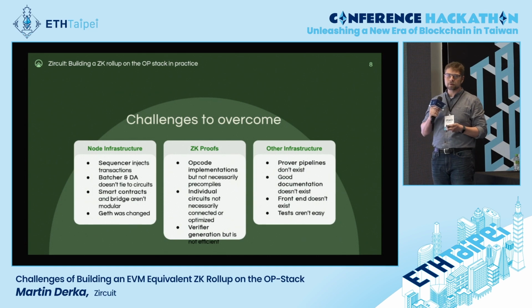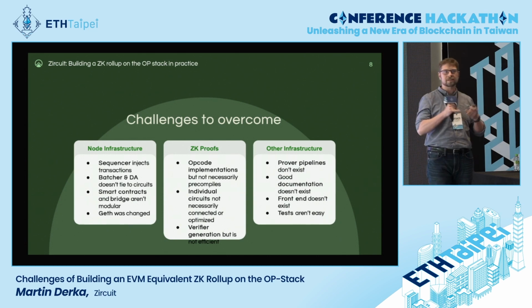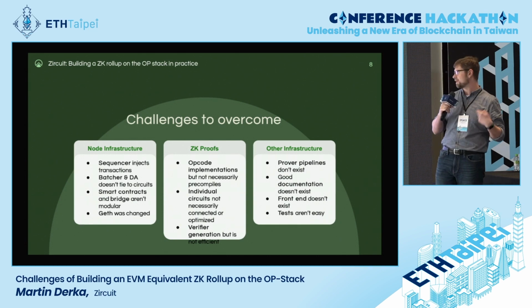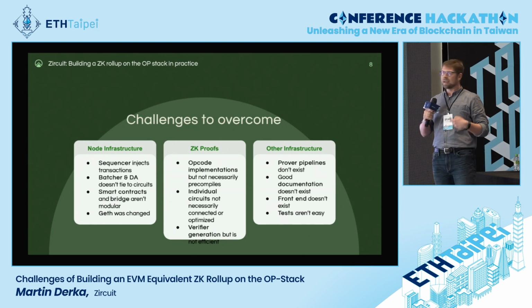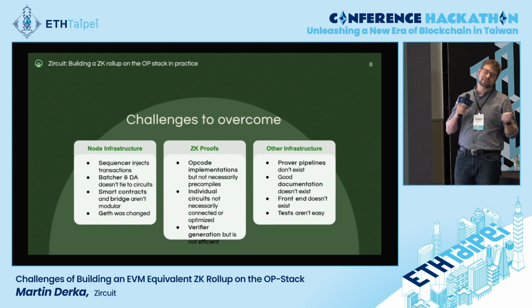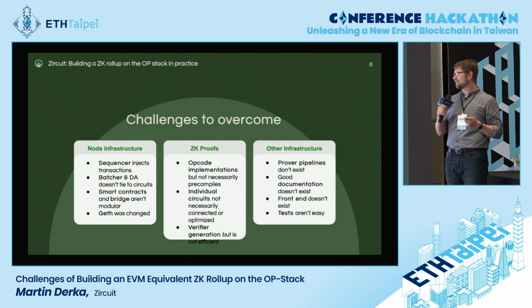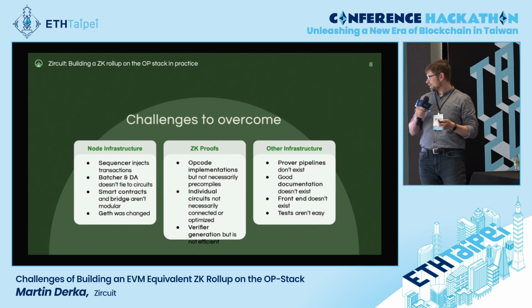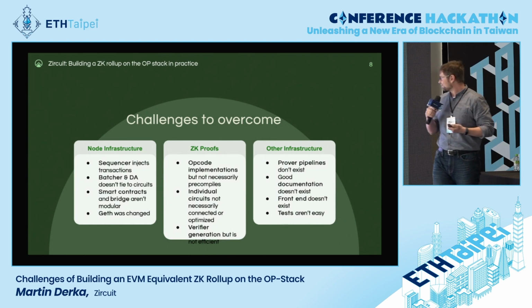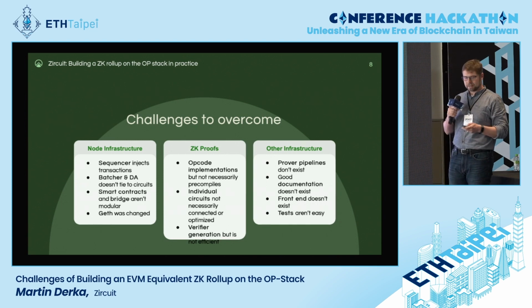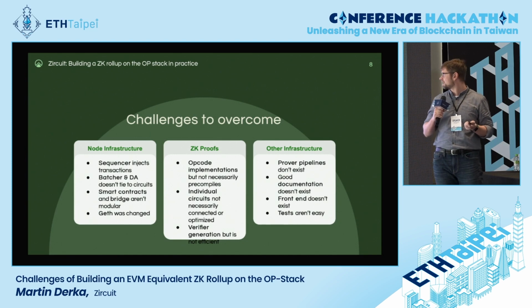Then you will realize that those individual circuits are not necessarily connected together, so there might be some coherency missing. And when you want to generate your verifier, that's not such a simple task. It entails a few steps, and it might not be as quick as you think. And even when you have these two things together, there is a whole bunch of other stuff that is still missing, right?